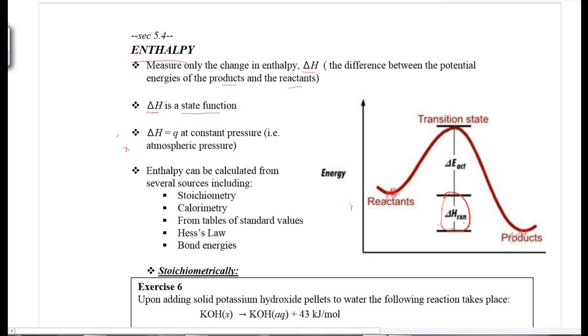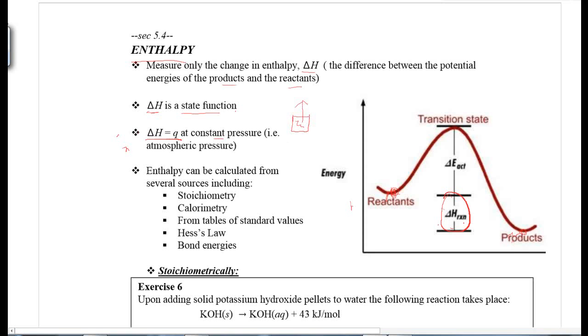And the important thing here is that delta H and Q are the same thing if I am working at constant pressure. Okay. And most chemical reactions are going to occur at constant pressure. So if I am running a reaction at a bench and I have the beaker open to the outside, then the pressure is going to be constant.